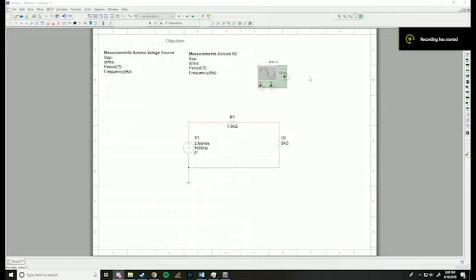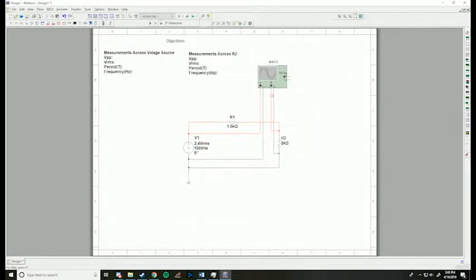This is a 2-channel oscilloscope, which means it can measure 2 different voltage sources at once. So we're going to connect channel A to the source, so positive, negative. And channel B, we're going to be measuring around resistor 2.